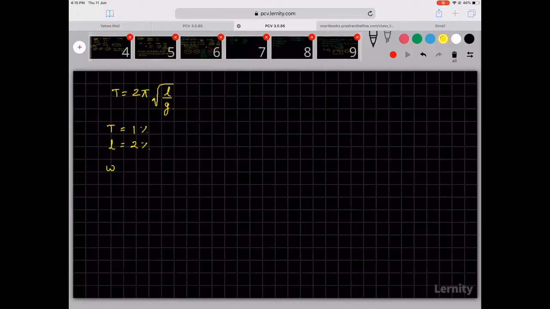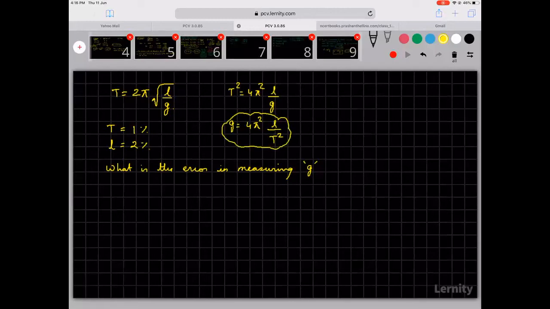I am asking you what is the error in measuring G. The way you go ahead with it is you first find out the formula for G. So I am squaring it. T squared is equal to 4 pi squared L by G, or G is equal to 4 pi squared L by T squared. Do you understand this?